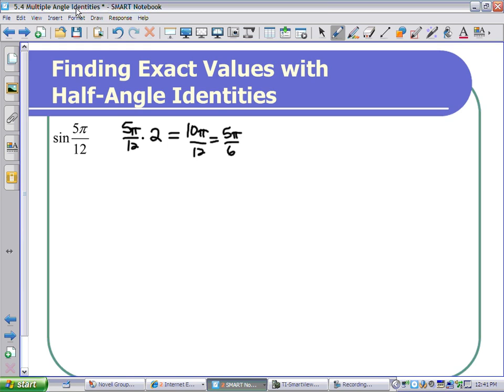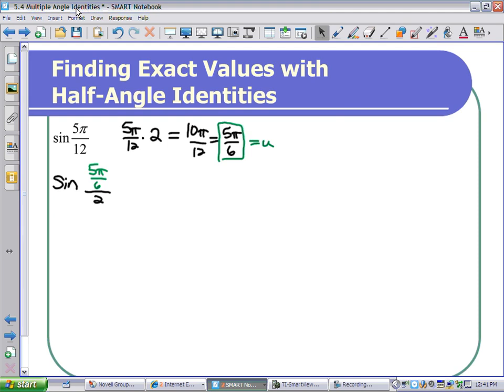So if we look at sine of 5 pi over 6 over 2, 5 pi over 6 is u. So this 5 pi over 6, that is our u in the half angle identity that we're going to use.